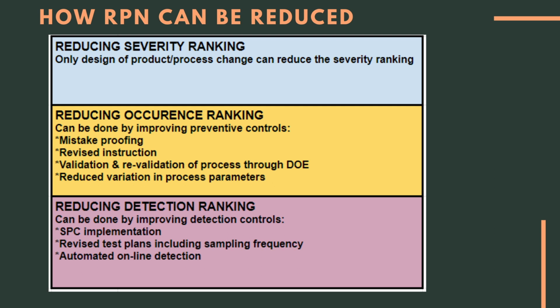And to reduce the detection ranking, it can be done by improving detection controls like SPC implementation, revised test plans including sampling frequency, and automated online detection.